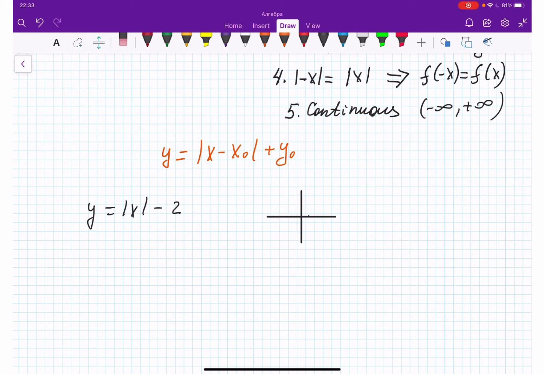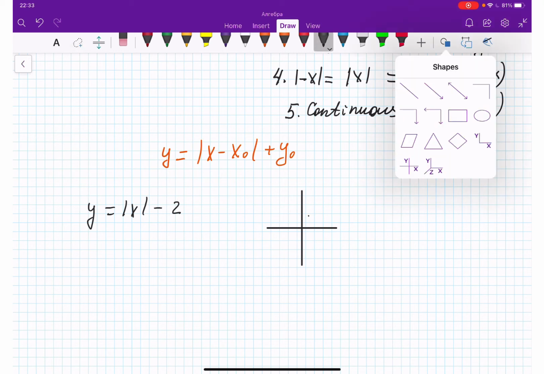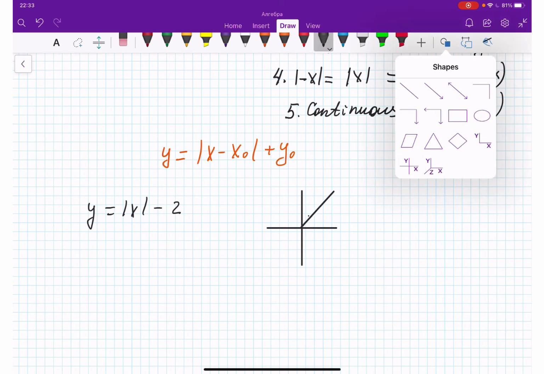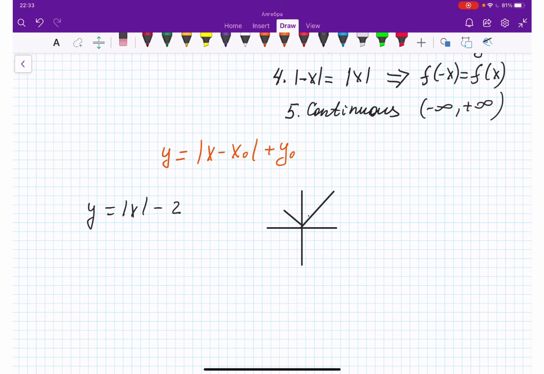Let me expand a little bit. So if this is going to be my absolute value of x, then minus 2, I'm going to shift it, it's going to have the same x. Let me put this whole point here.